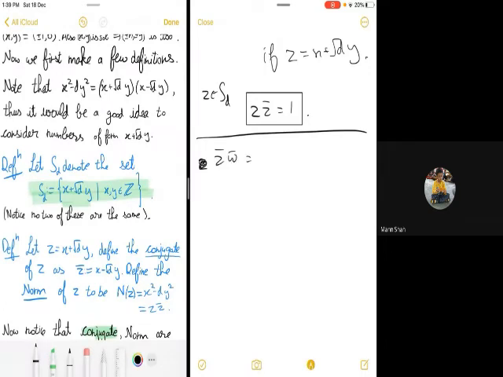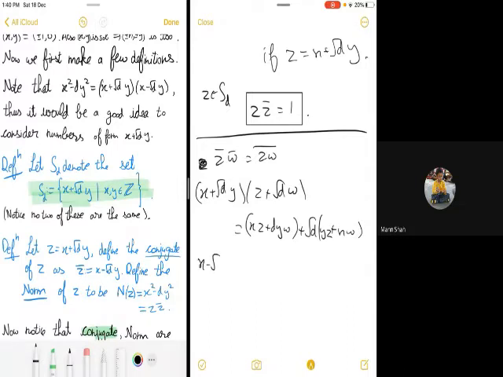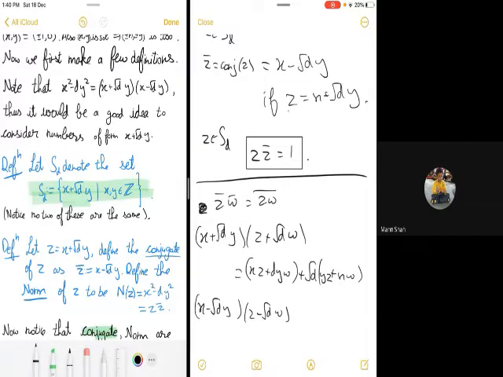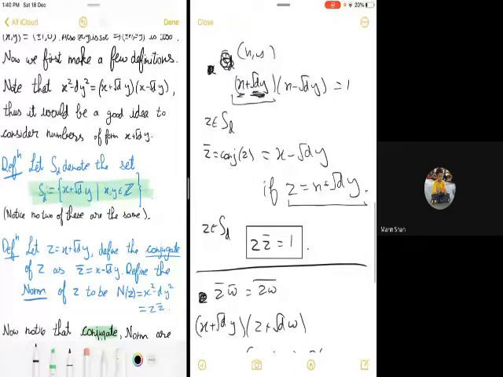This is true because the product is xz plus d y w plus root d times (yz plus xw), and when we take conjugates, notice first that conjugation is a well-defined notion because, as I said earlier, if we have a real number z belonging to S_d, it has a unique representation in this form because of the same thing: if two numbers are same, then x is x' and y is y'.